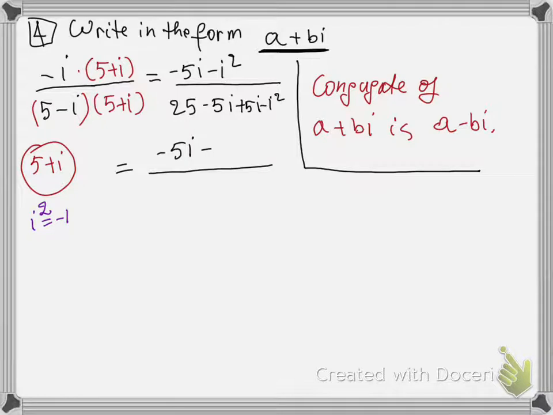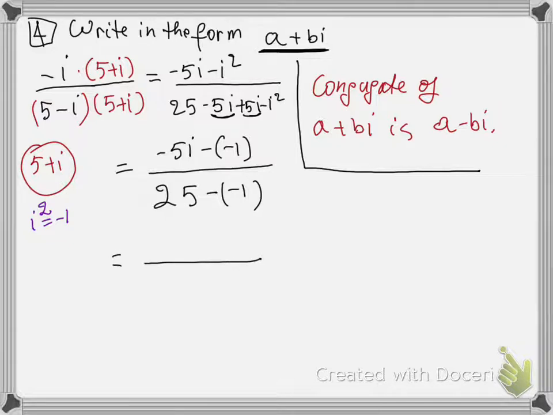So instead of i squared in the numerator now, I'm going to have minus negative 1. And in the denominator, negative 5i and plus 5i will cancel out. So we're left with 25 minus i squared is negative 1.